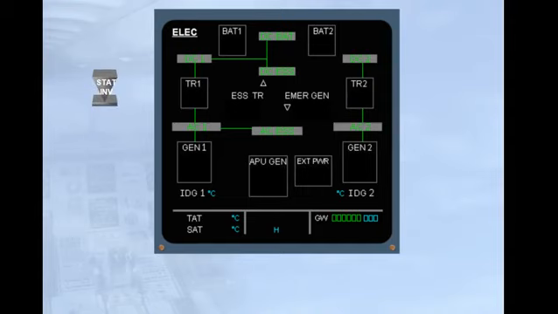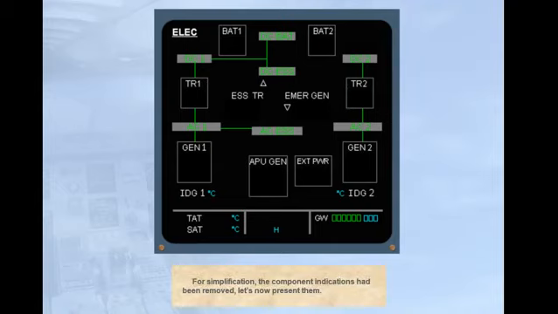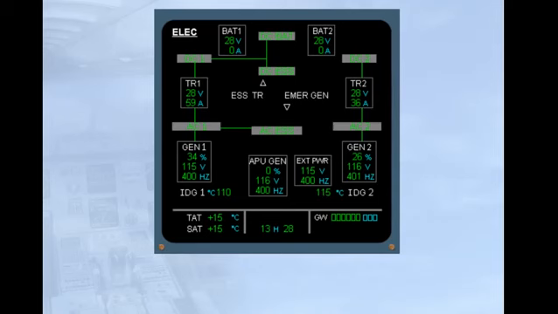Notice that the static inverter is not displayed on the ECAM page. For simplification, the component indications had been removed. Let's now present them. As shown, each component can be monitored via its indications.